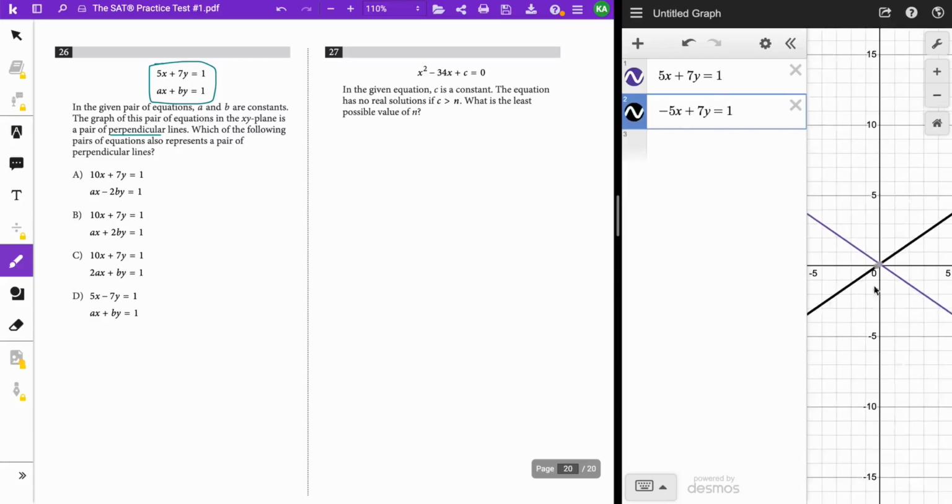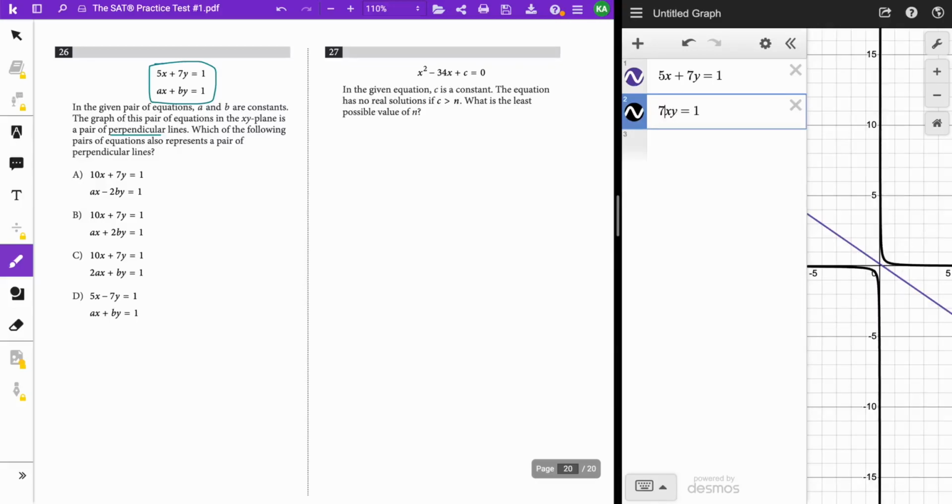They're close, but you could probably tell that they're not quite 90 degrees. Maybe if we try positive 5, oops, nope, that's actually the same equation. Those are clearly parallel. They're actually the same line. But what if we make 7 negative? That doesn't work either. What if we make them both negative? That doesn't work either. So maybe we could try making the x coefficient 7 and the y coefficient 5.